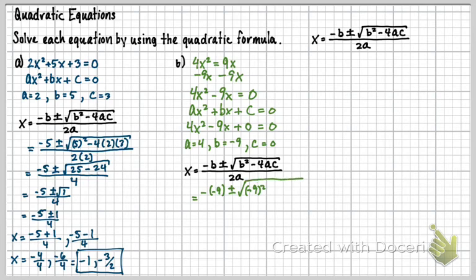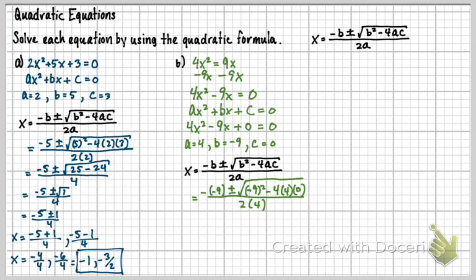So be careful. Use parentheses. Then minus 4 times a, which is 4, and c is 0. And that's all over 2 times a, and a again is 4.